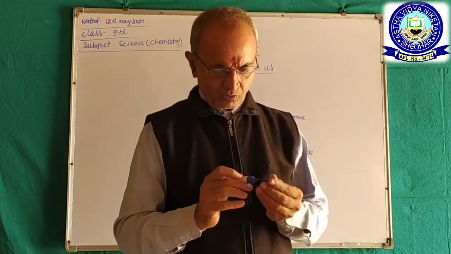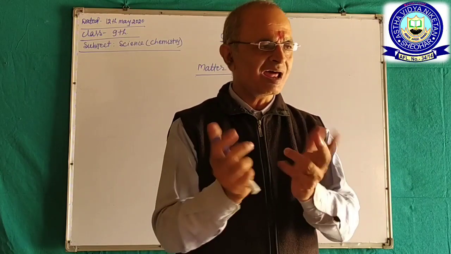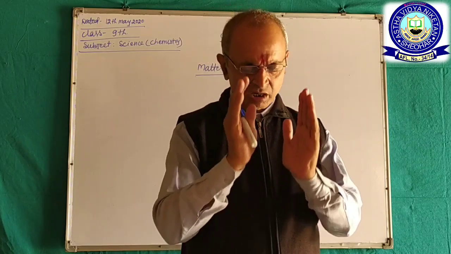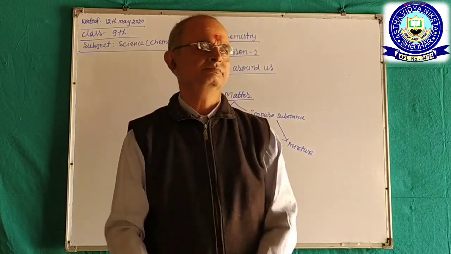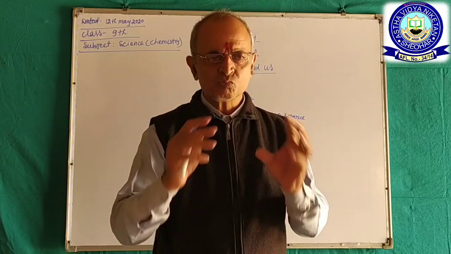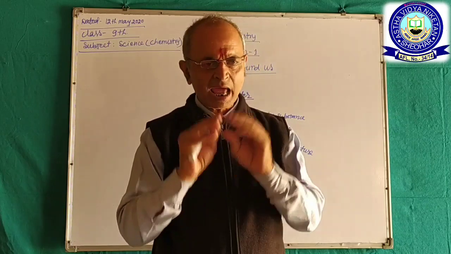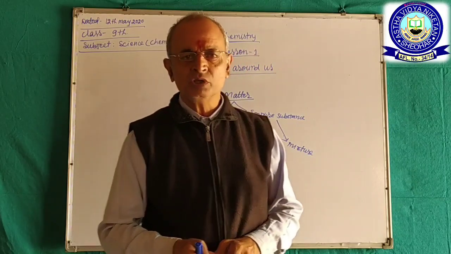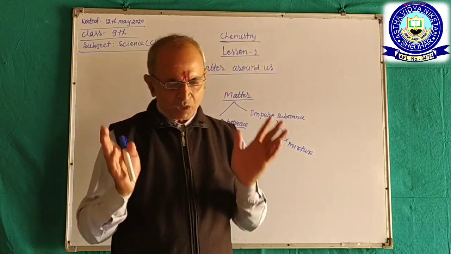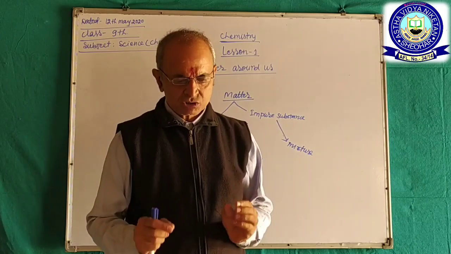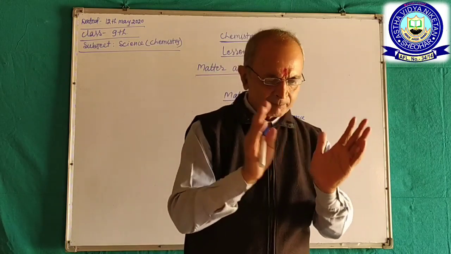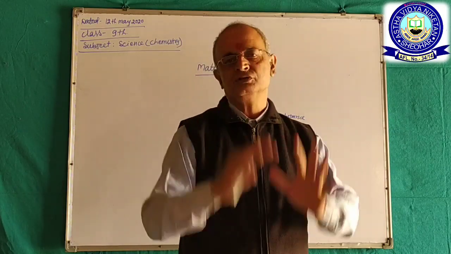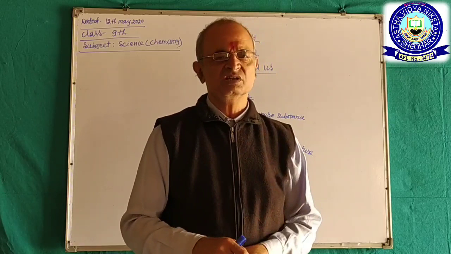Now, in order to learn about matter, first we should learn about the physical nature of matter. Physical nature means what we are observing by viewing the different kinds of matter in our surroundings. We can say that matter is made up of particles, or that matter is particulate in nature.